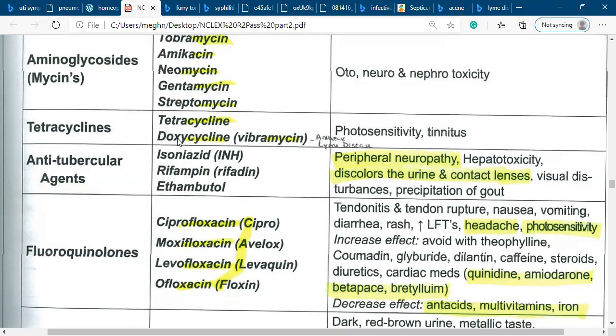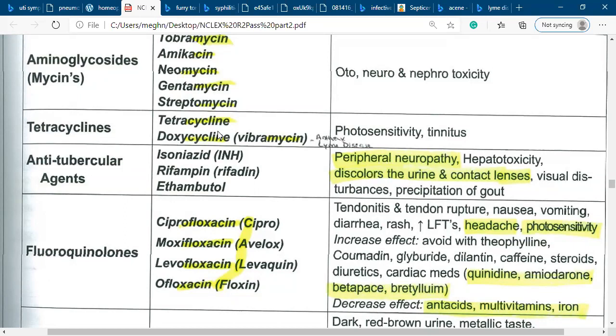Tetracycline is not given to pregnant women or children under 8 years of age.